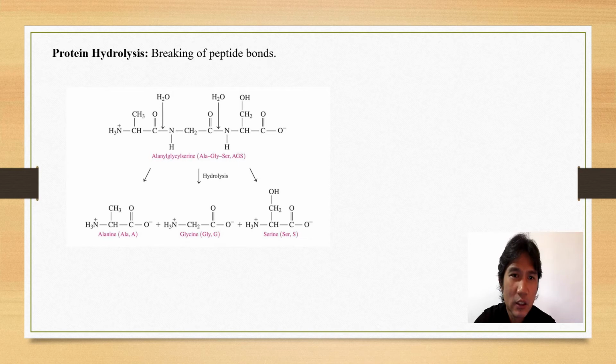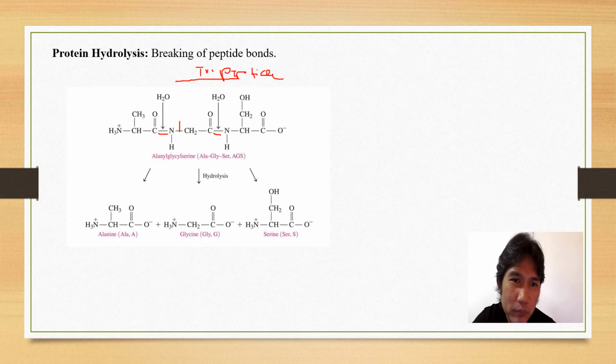These are the peptide bonds, and another peptide bond. So this is the tripeptide, 3 amino acid residues connected by 2 peptide bonds.